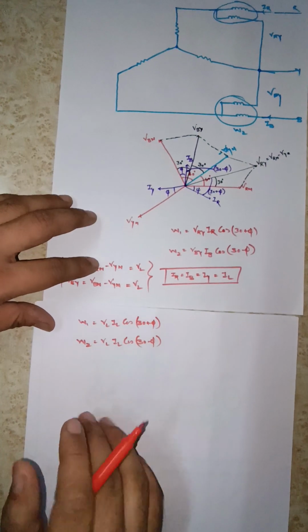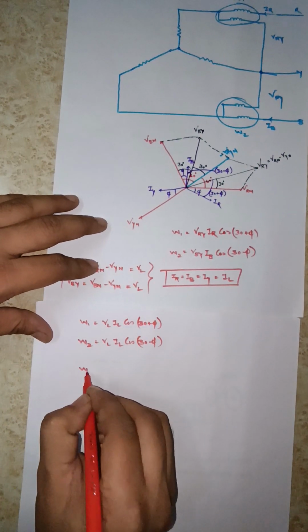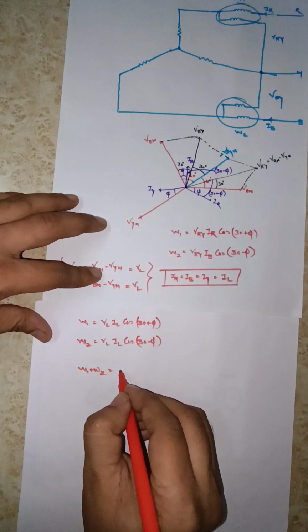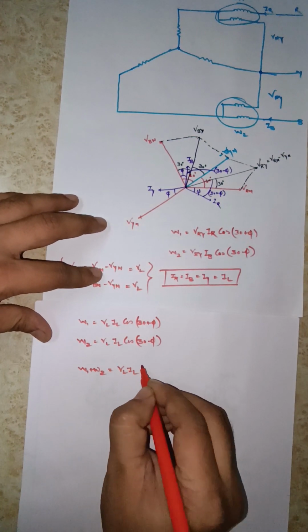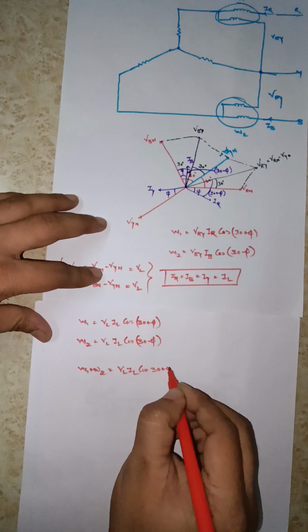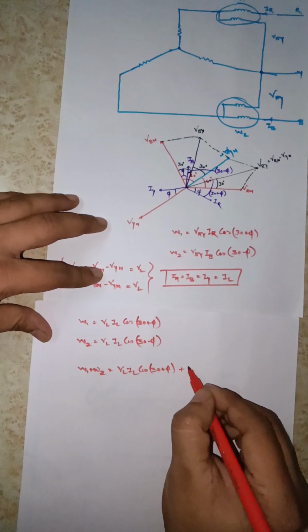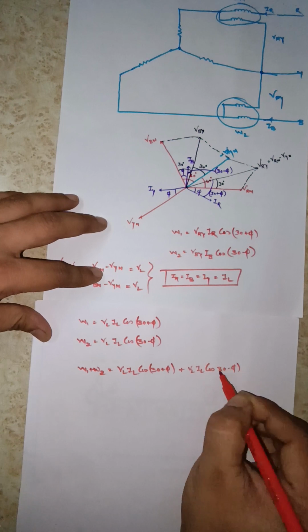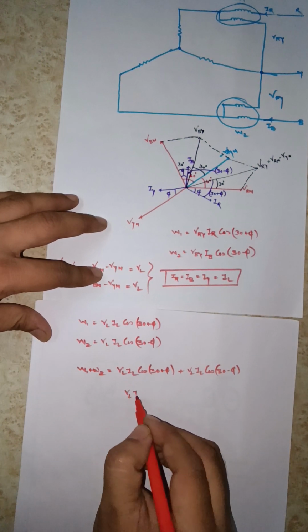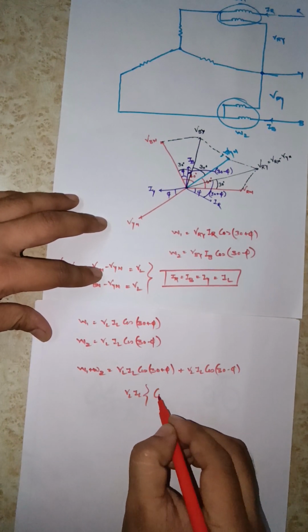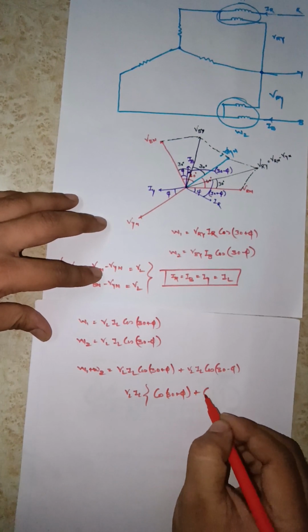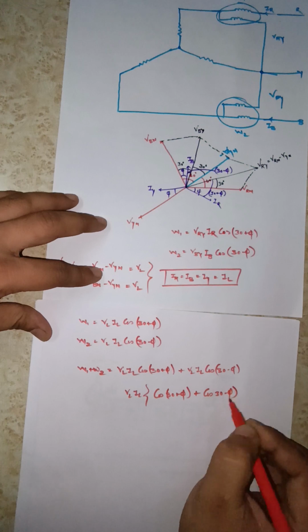Okay. Now we will find W1 plus W2. So it will be equal to VL IL cos 30 plus phi plus VL IL cos 30 minus phi. So let me take VL IL as common, and cos 30 plus phi plus cos 30 minus phi.